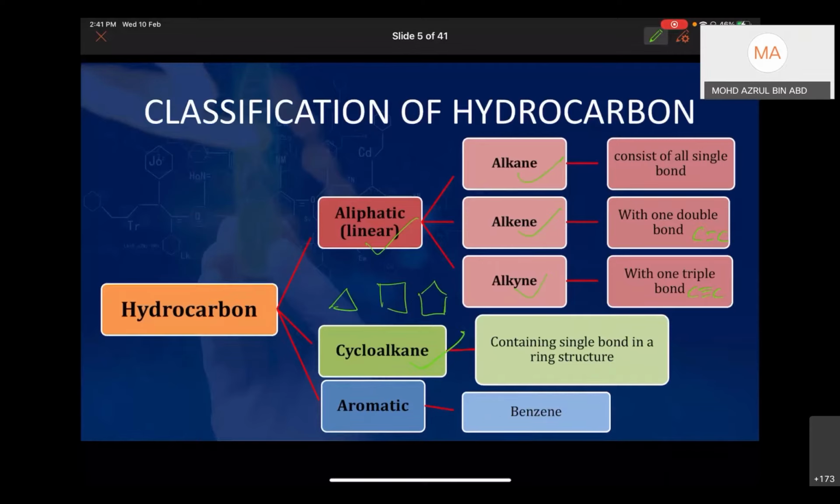And then the aromatic is also a ring compound, but with double bonds.